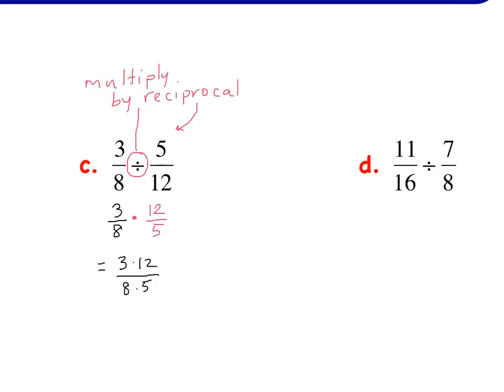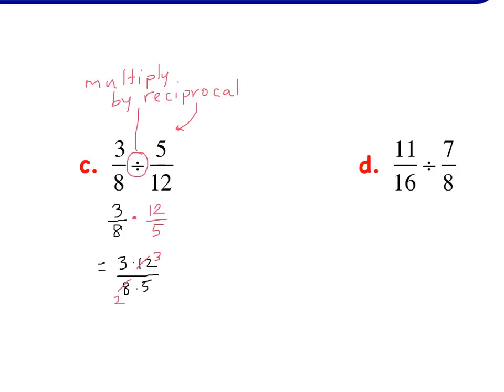And now we can say, okay, does 3 simplify with anything in our denominator? No. But does 12? Yes. 12 and 8 each have a common factor of 4. So 12 divided by 4, I'm going to be left with a 3. 8 divided by 4, I'm going to be left with a 2.